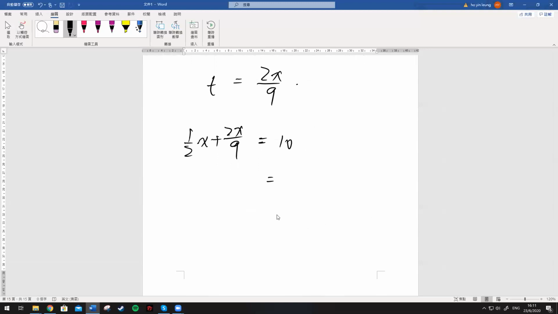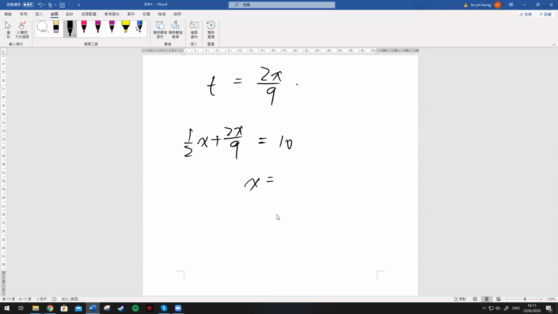Then we can solve for x. So a half plus 2 over 9, and then 10 over the answer.